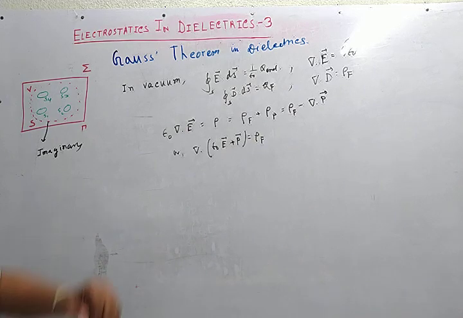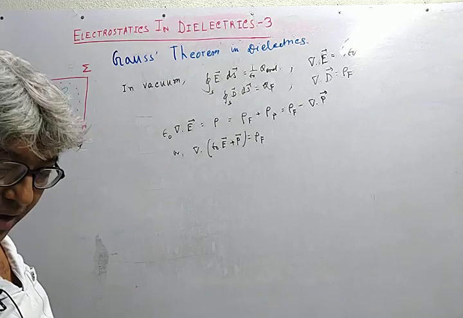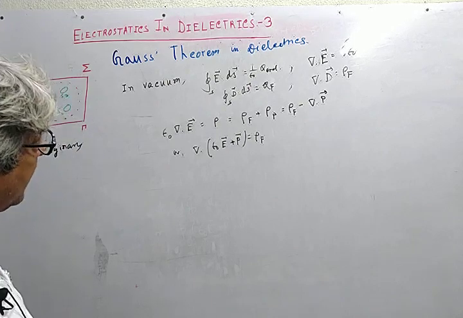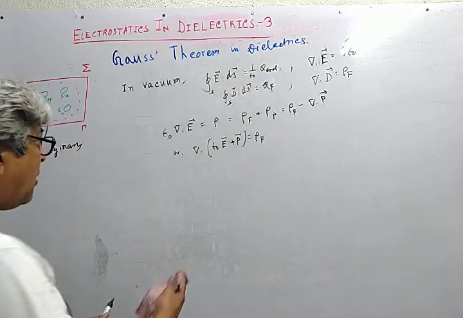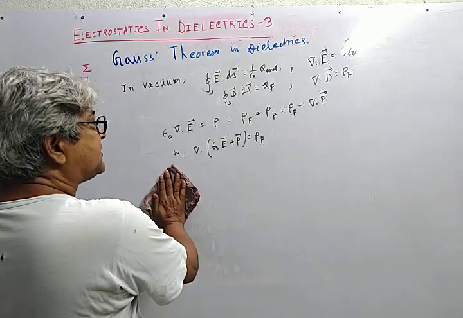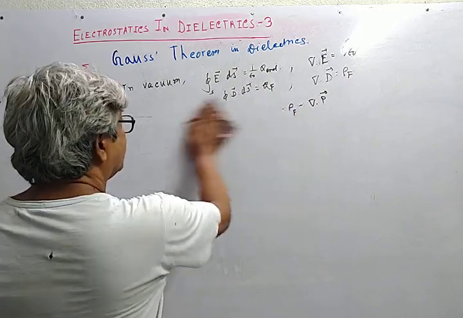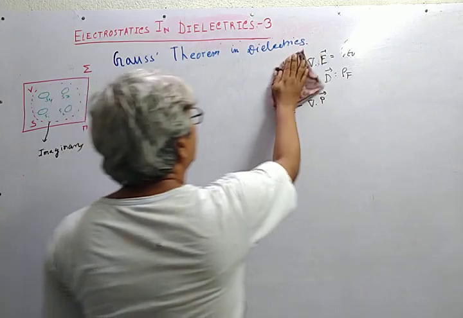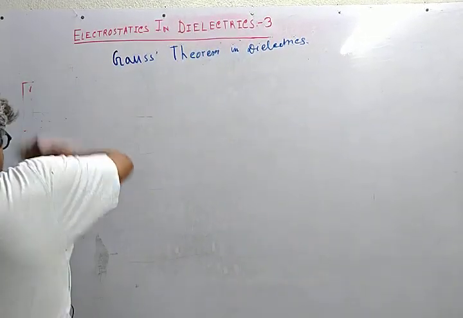earlier. There is yet another phenomenological way of arriving at Gauss's theorem. This calculation involves a bit complicated mathematics, but the result is elegant. Let me also go for this. So this is a third way of deriving Gauss's theorem of electrostatics.